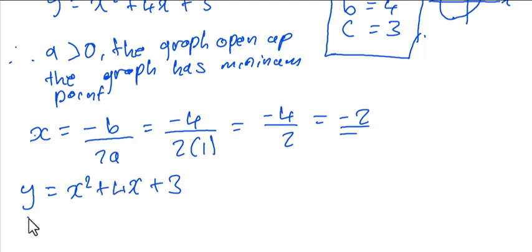So y is equals to open brackets negative 2 squared plus 4 multiplied by negative 2 plus 3.